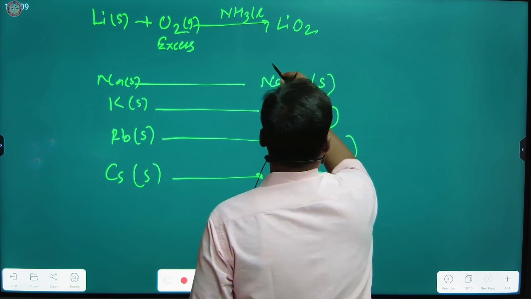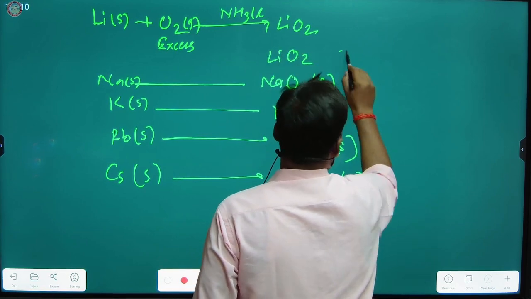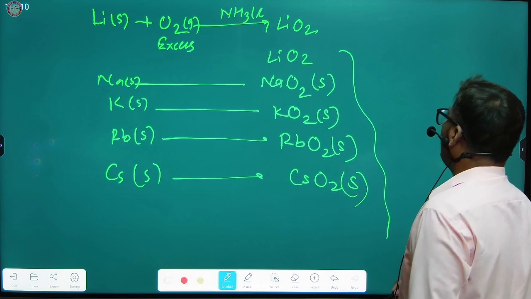So LiO2, all these compounds are colored.